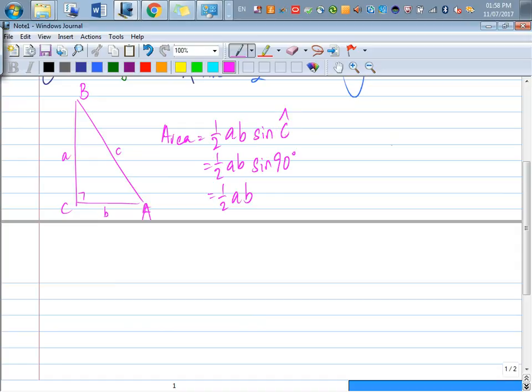Yes, but if I don't want to use half times base times height, if I want to use half AB sine C, which is another formula for the area of a triangle, then I'll be writing this down. Right? This triangle is a special case where we see that sine 90 degrees is equal to 1. And that is why we get back the original formula of half times base times height. Okay?